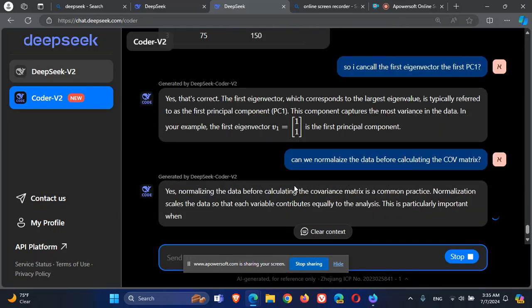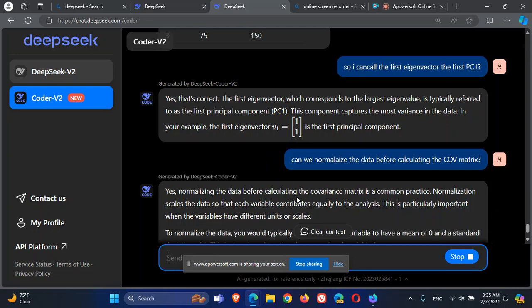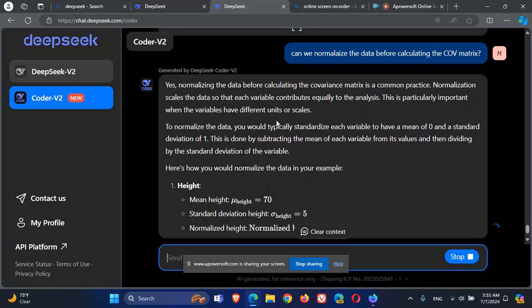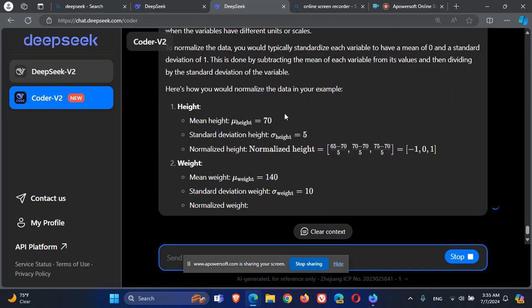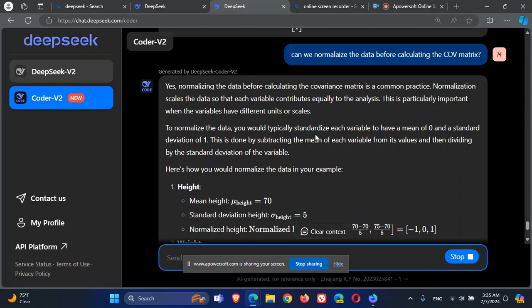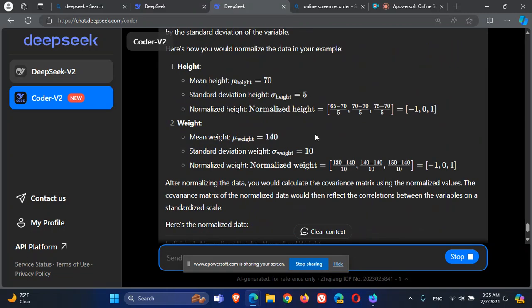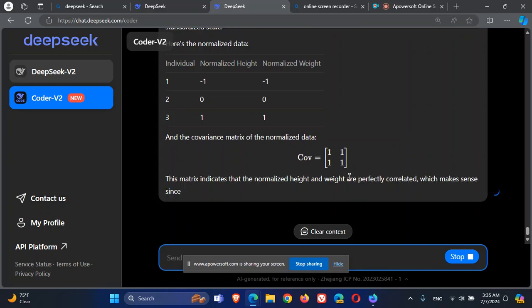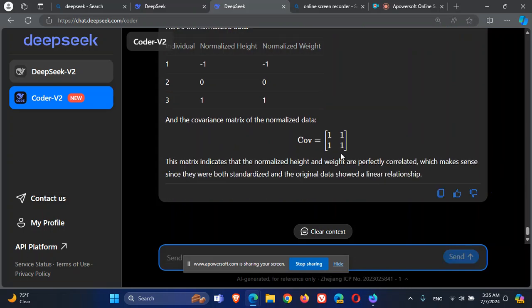As you can see, normalizing the data before calculating the covariance matrix might also be a good idea, but in this example we didn't do it, but we could do it, and it may be even better to do it because you will use much smaller values and the covariance calculation will be much easier. You can see this much better looking covariance matrix.